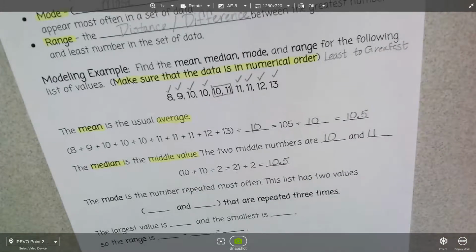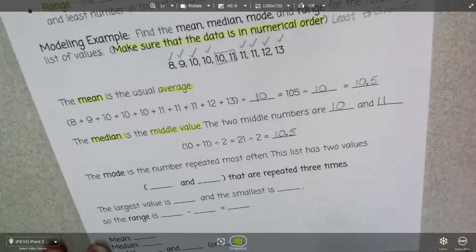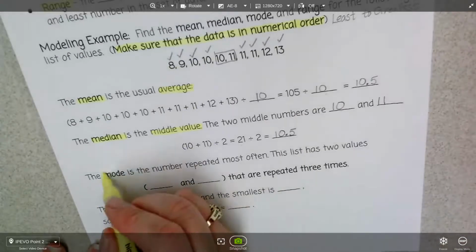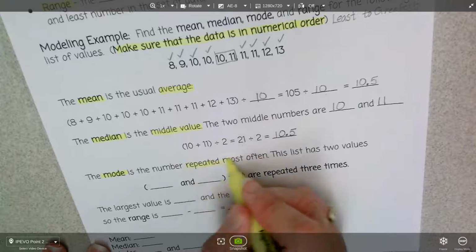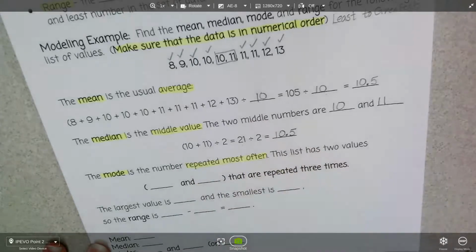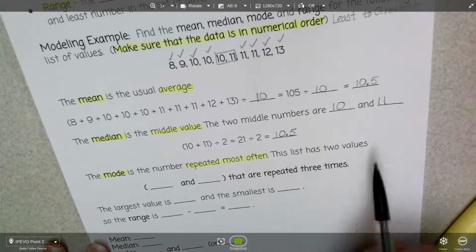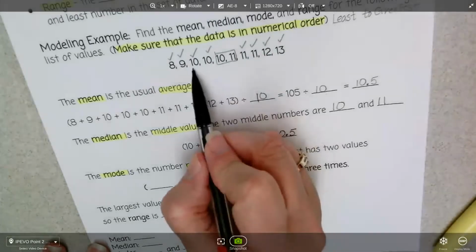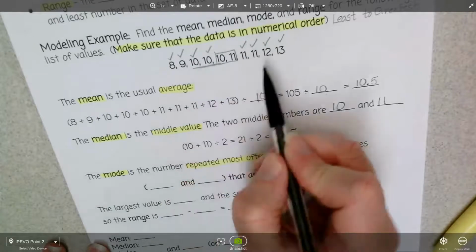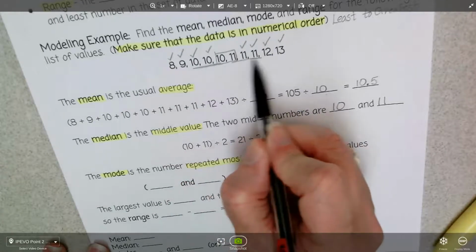Next, we're going to look at the mode. The mode is the number repeated most often. In this case, this list of data has two different values that are both repeated 3 times. You have 10 three times, and you have 11 three times.